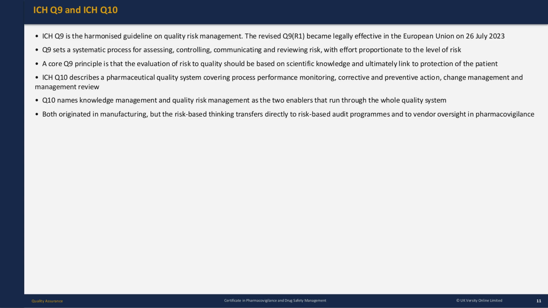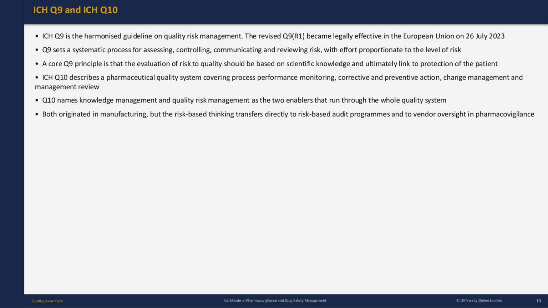ICH Q9 and ICH Q10. ICH Q9 is the harmonized guideline on quality risk management. The revised Q9(R1) became legally effective in the European Union on 26 July 2023. Q9 sets a systematic process for assessing, controlling, communicating, and reviewing risk, with effort proportionate to the level of risk.